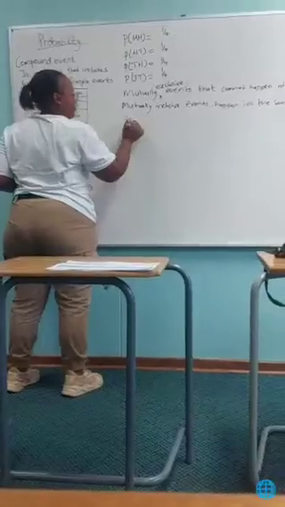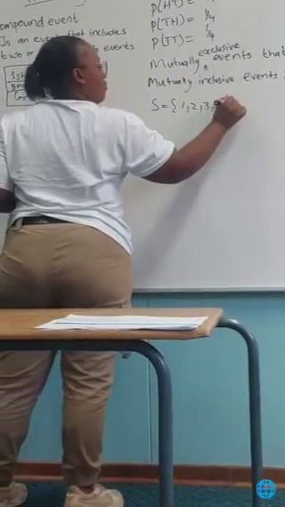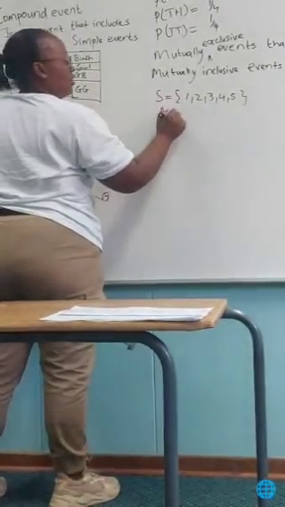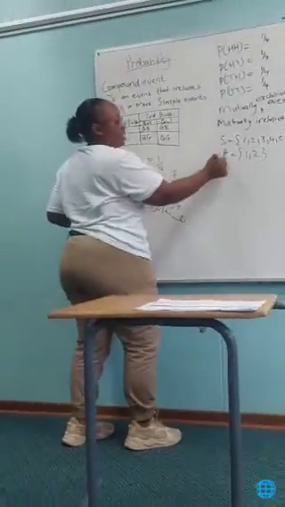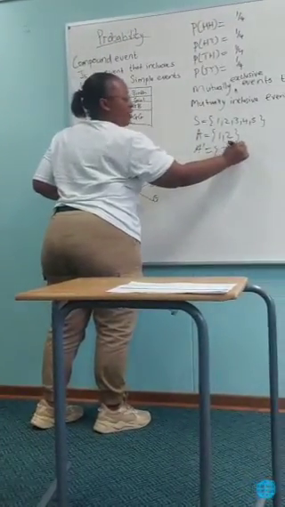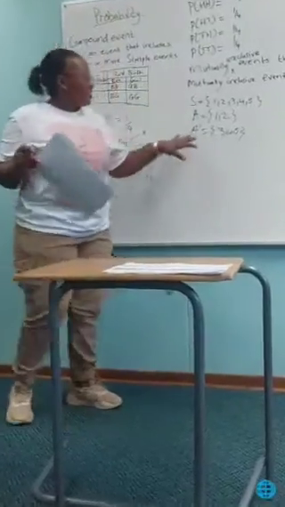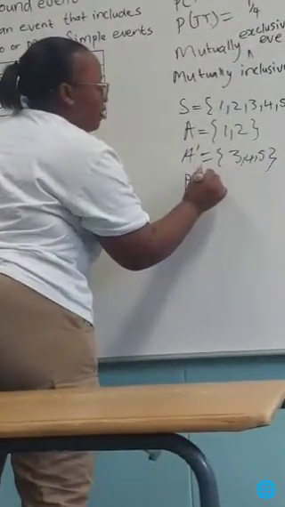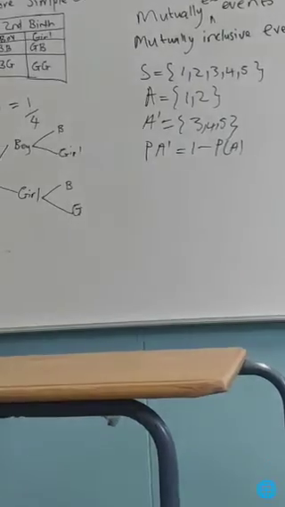If we have a sample space of 1, 2, 3, 4, 5, and set A is 1 and 2, the complementary event of set A will be 3, 4, and 5 altogether, meaning that the complementary event is not an event of set A. The formula for complementary events is written as 1 minus the probability of A.